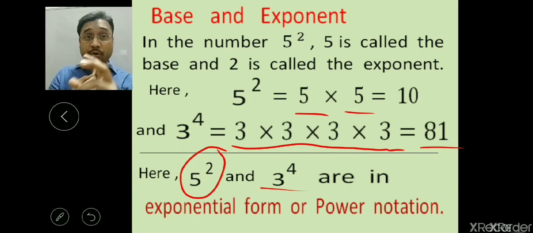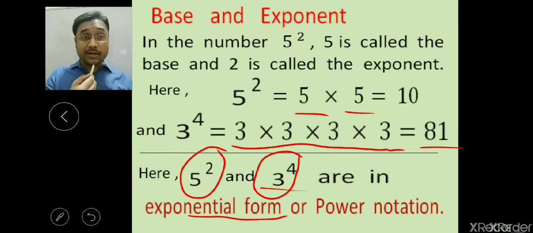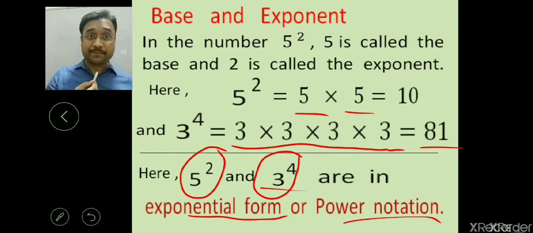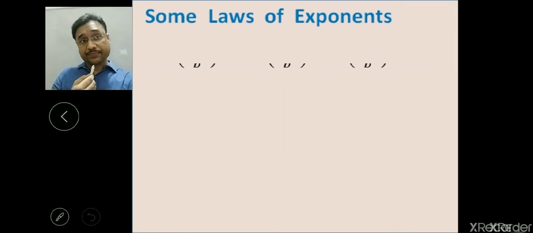When you write a number with the exponent or power, like 5 squared or 3 to the power 4, this type of representation of a number is known as exponential form or power notation. That's clear?